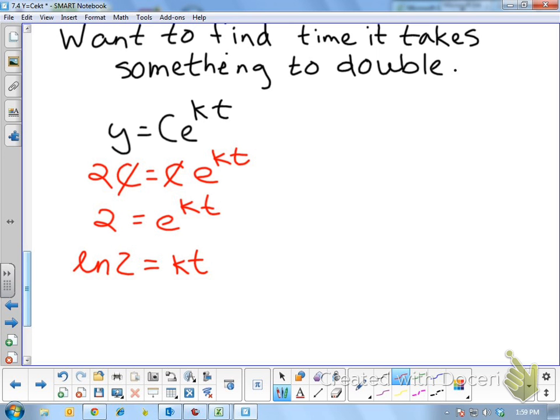Divide by K. So time is the natural log of 2 over K. So we don't have to be in such specific terms. I don't have to give you all the numbers all the time. Sometimes maybe we'll have the constant left over. And then if they did give me a constant, I could just go straight to this and plug it in, and I wouldn't need to go through and solve the whole equation again.